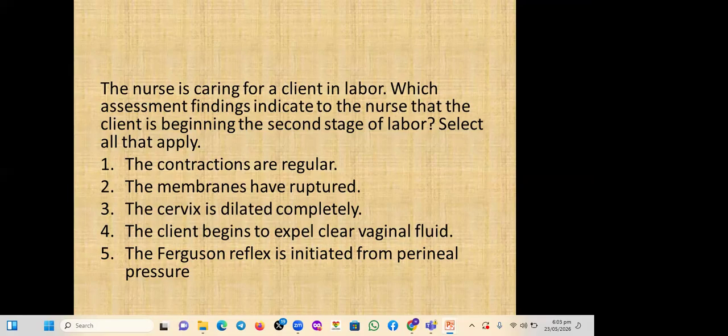Select all that apply. 1, the contractions are regular. 2, the membranes have ruptured. 3, the cervix is dilated completely. 4, the client begins to expel clear vaginal fluid. 5, the Ferguson reflex is initiated from perineal pressure.